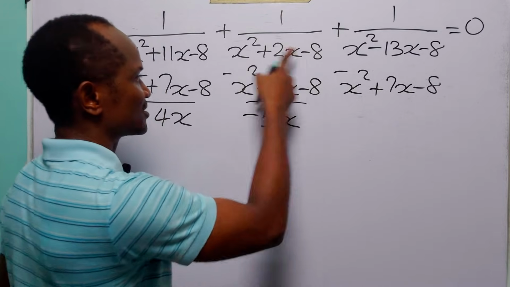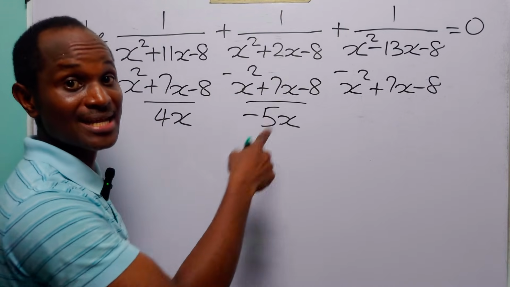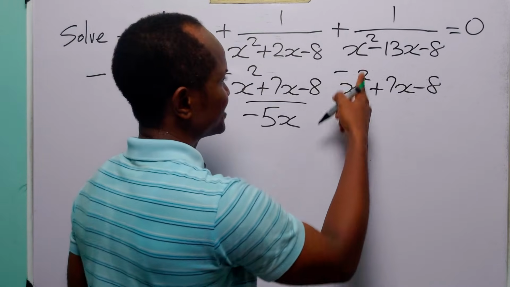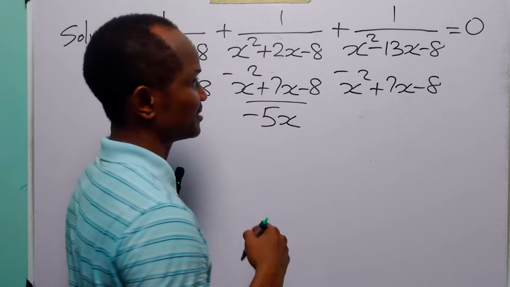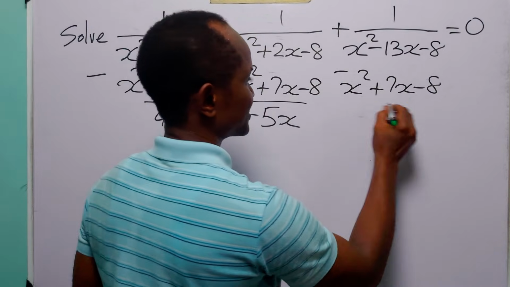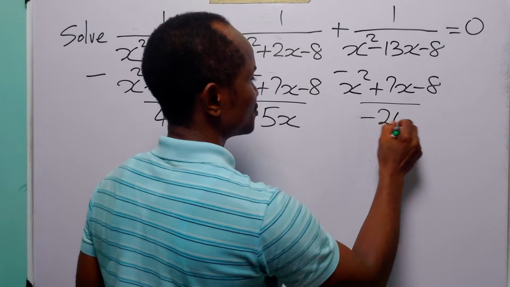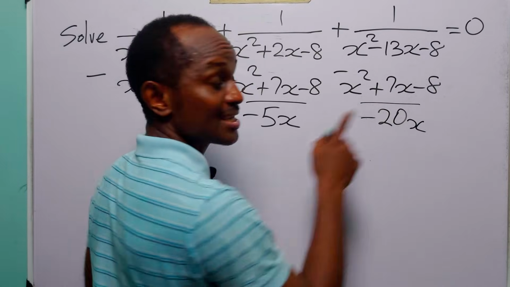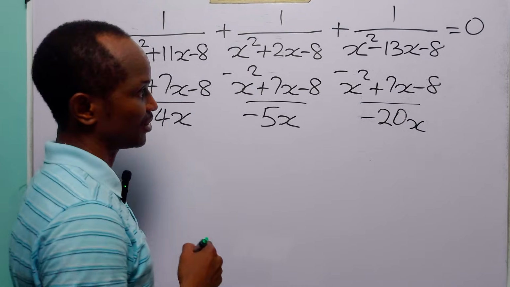And once more, minus 8 minus minus 8 is equal to 0. Now, in the last case, this minus that is equal to 0. Minus 13x minus 7x is equal to minus 20x. And minus 8 minus minus 8 is equal to 0.